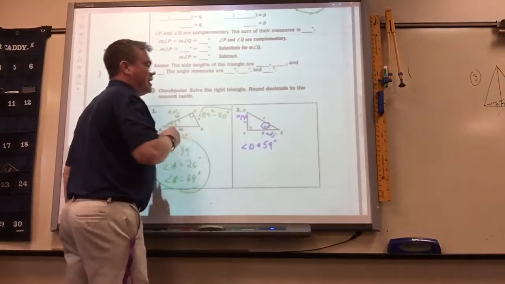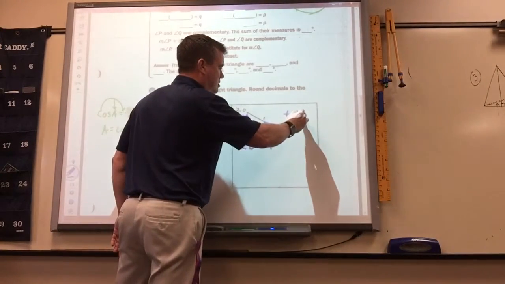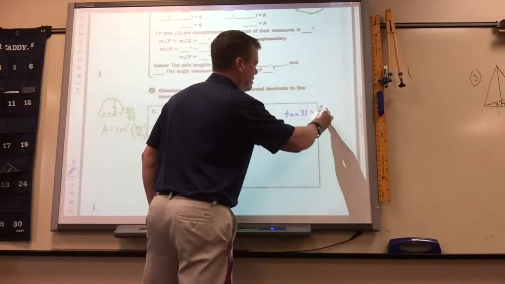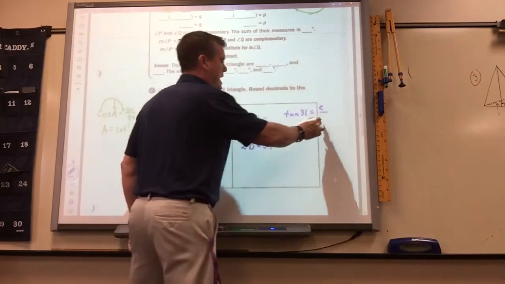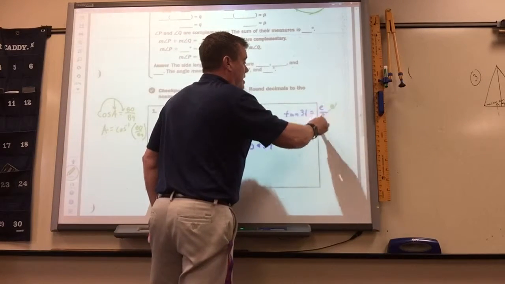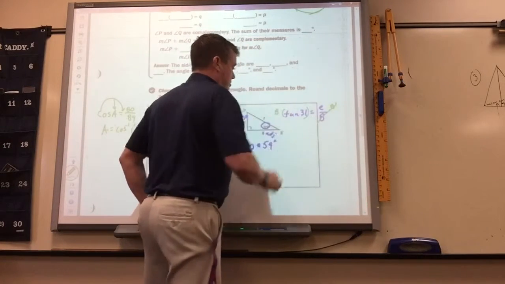Opposite and adjacent is tangent. So tangent of 31 equals opposite, which is E, over adjacent, which is 8. So you take this times 8, this times 8.